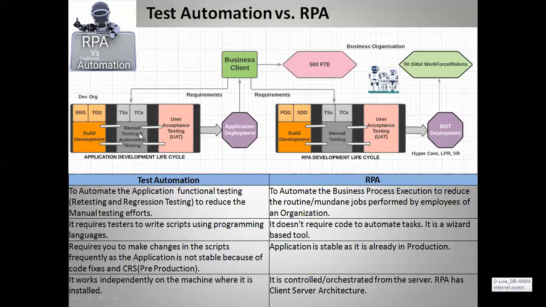So that kind of retesting and regression testing would be there for the manual testers. To avoid manual testing efforts, automation testing tools are introduced, like Selenium, Protractor, UFT, etc. Those are used to reduce the manual effort for testing, right? So like this, the testing procedure will happen.